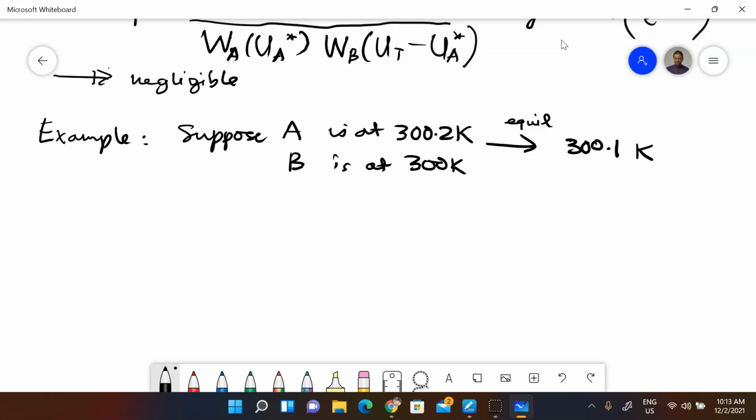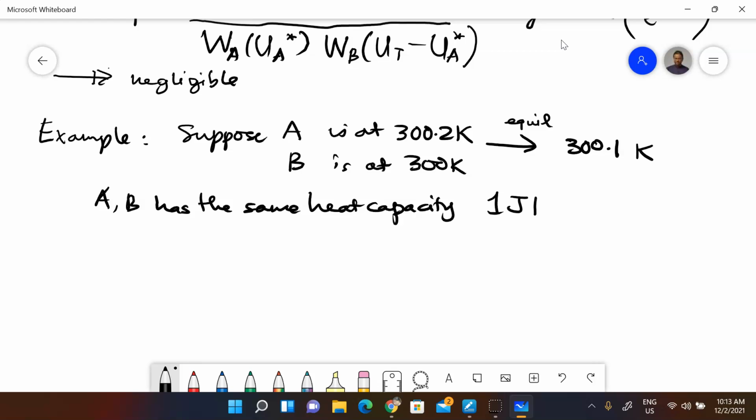And let's just say that A and B have the same heat capacity, 1 joule per Kelvin, an easy number to calculate.